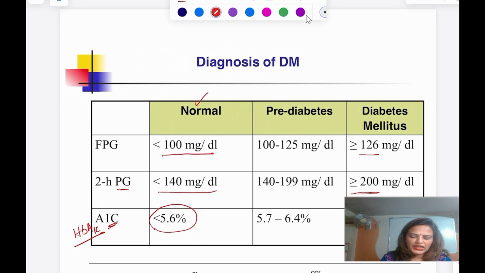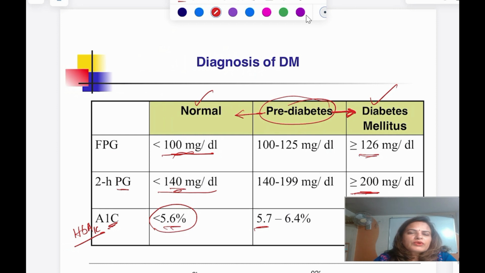So you know the normal level and you know the diabetes. In between comes pre-diabetic: between 100 and 126, 140 to 199, and 5.7 to 6.4. In pre-diabetic, if the person takes good control, this can be shifted towards the normal side. If poor control, then it will be shifted towards the diabetic side.